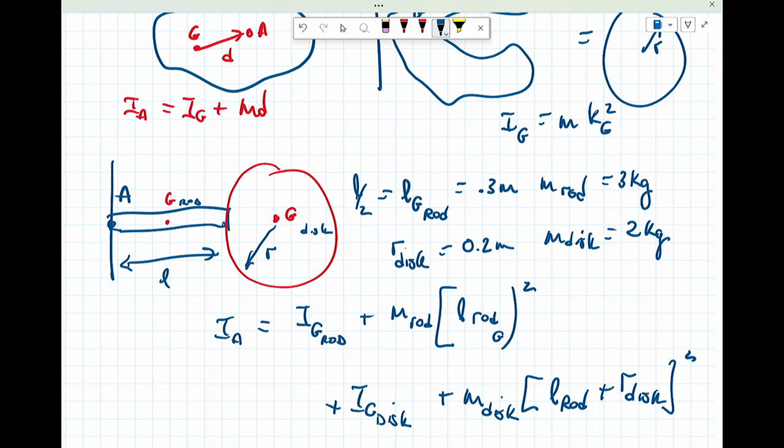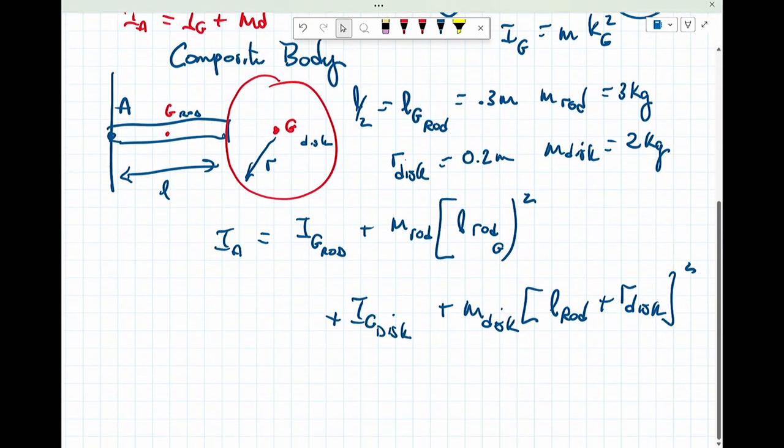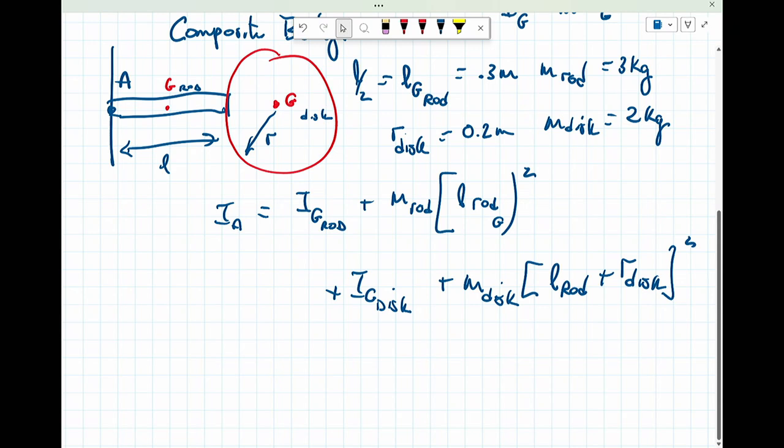We don't often deal with them, but it's useful to keep it in the back of your head. But in this case, I have a very complex body, and this is a composite body. Okay. And I can solve through for it.